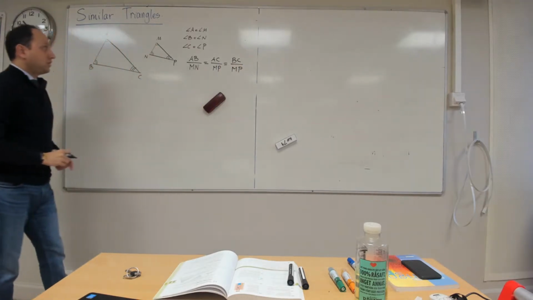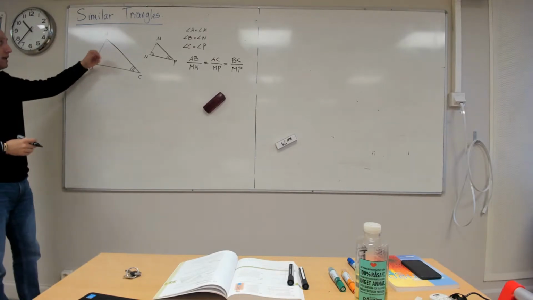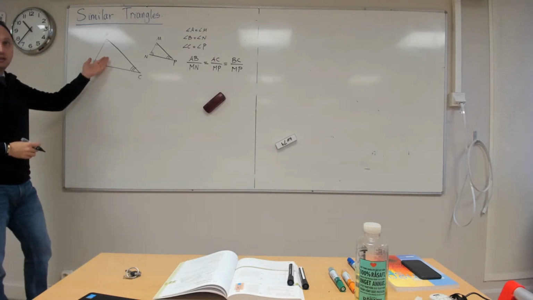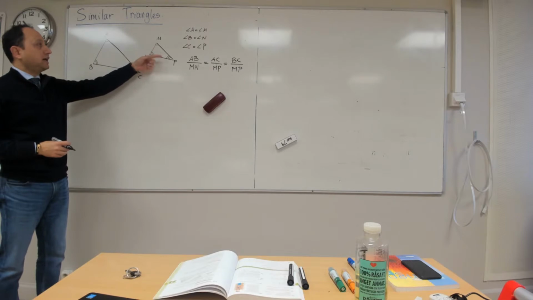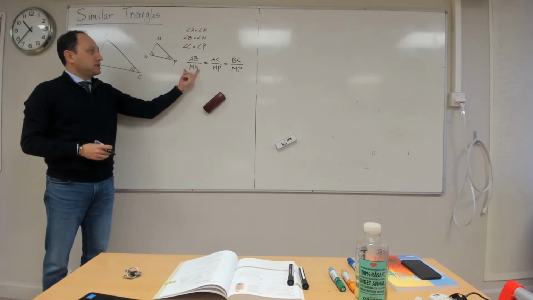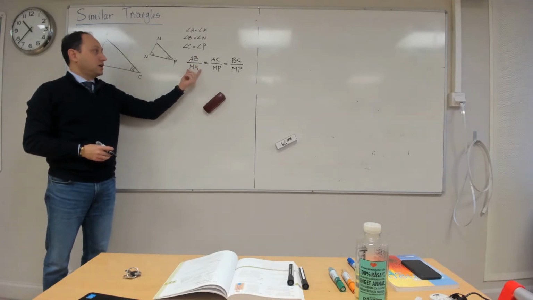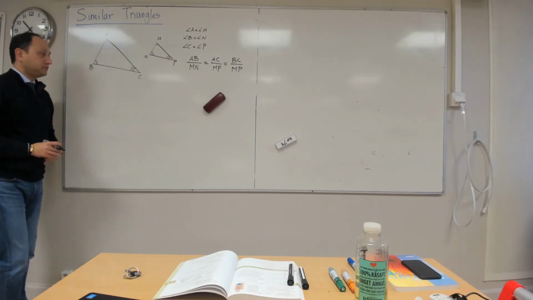So we say two triangles are said to be similar if all the angles of one triangle are equal to all the angles of the other triangle correspondingly, and I have this equality between the ratios of the lengths of the sides of these two triangles.